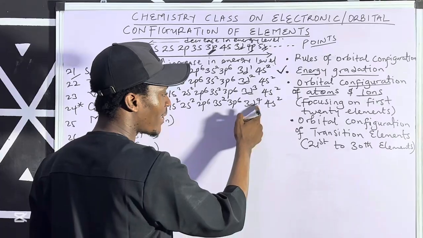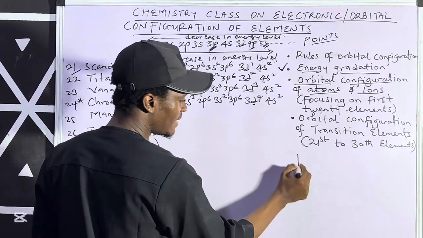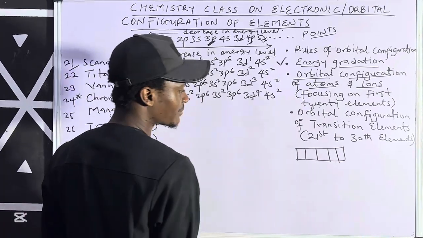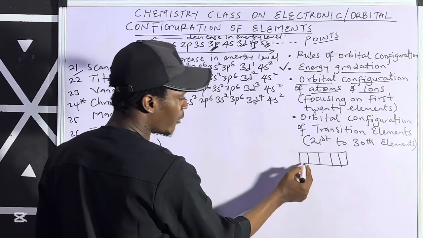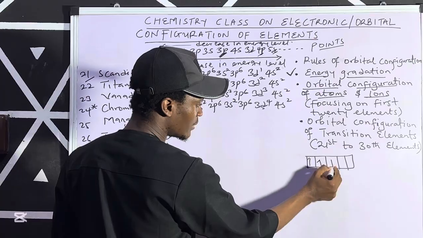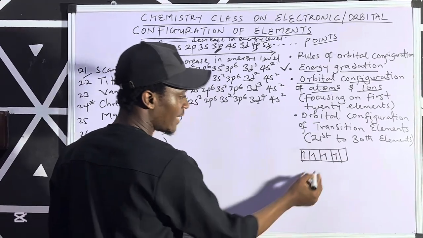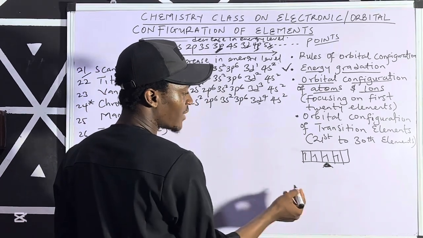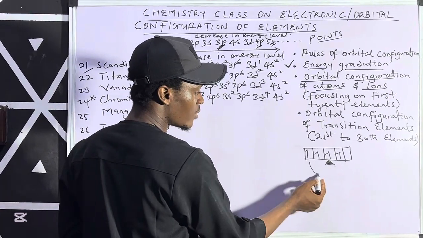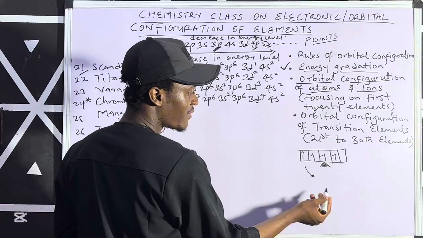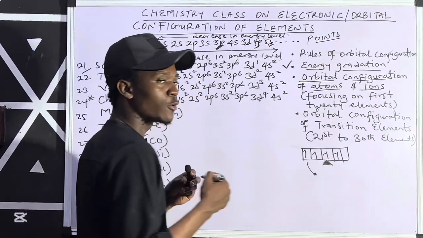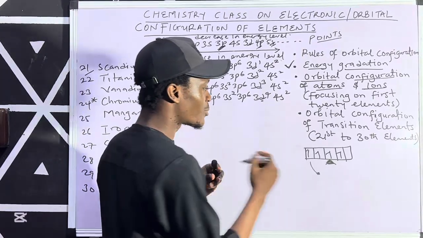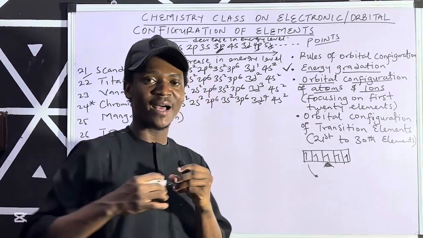What does that mean? Remember that this d is to be split into how many parts? 5 parts, something like this. So if it's having 4, which is 1, 2, 3, and 4, just imagine you are having a fulcrum somewhere around this region. There's every likely tendency of this thing tilting towards this direction. Why? Because it is unstable. So for you to make this half filled stable, you must put 1 here so that it becomes at equilibrium.